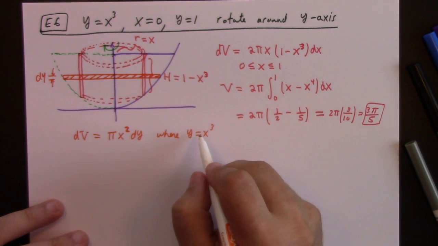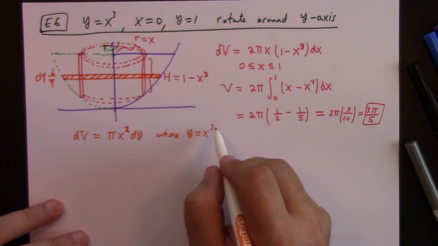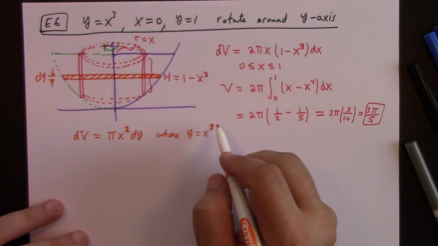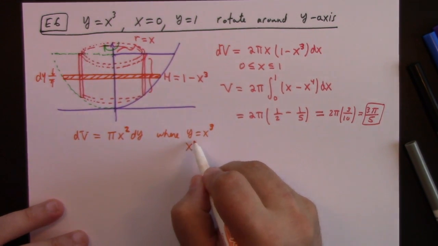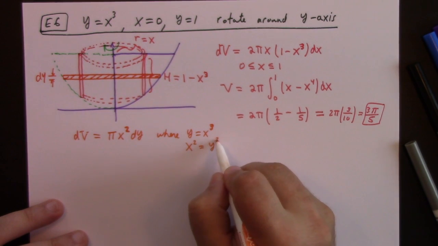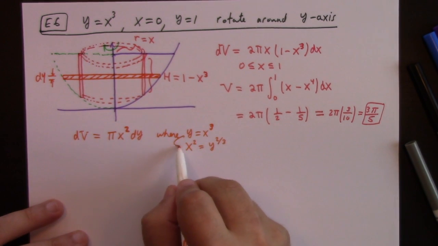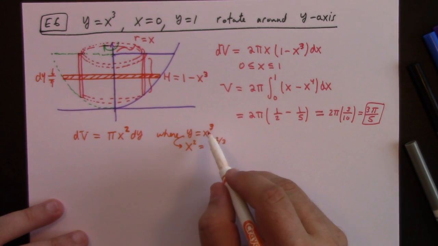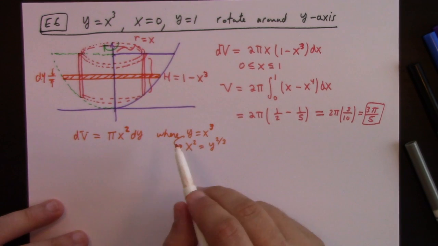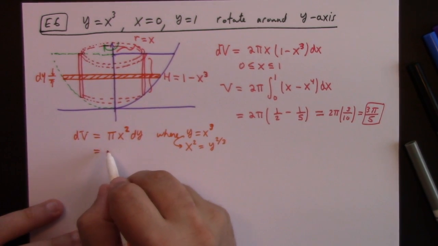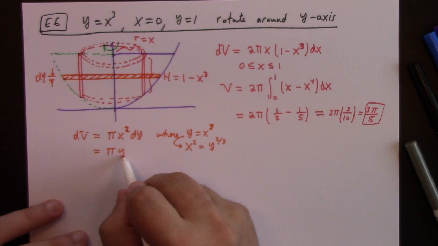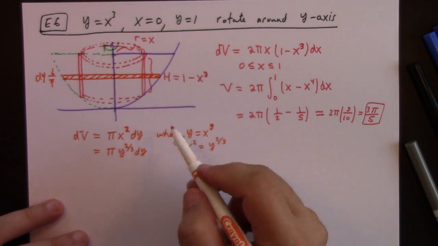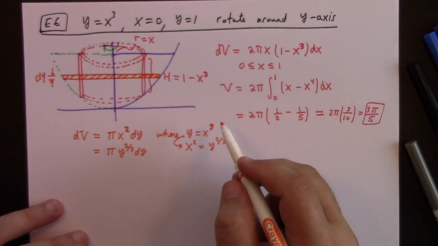So if I solve that, well, I can just take this equation, take the 2/3 power of both sides, and get x squared is equal to y to the 2/3, right? x cubed to the 2/3 is just x squared, which is what I want here. So, bam, pi y to the 2/3 dy. And let's see, y ranges from what? From 0 to 1 as well.